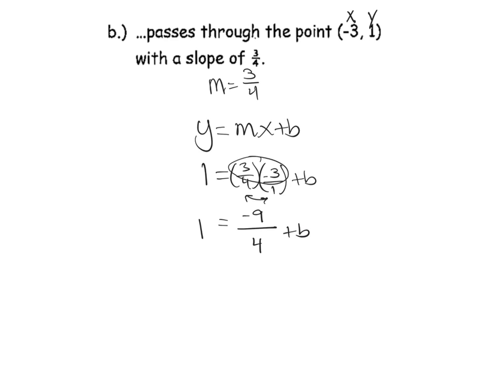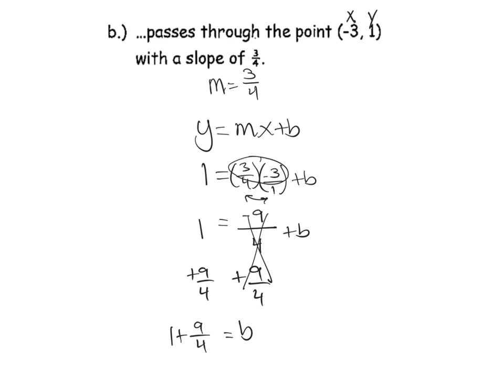Is the b by itself? No. What do I have to do? I have to add 9 over 4 to both sides. So these cancel out, and then I have 1 plus 9 over 4 equals b.